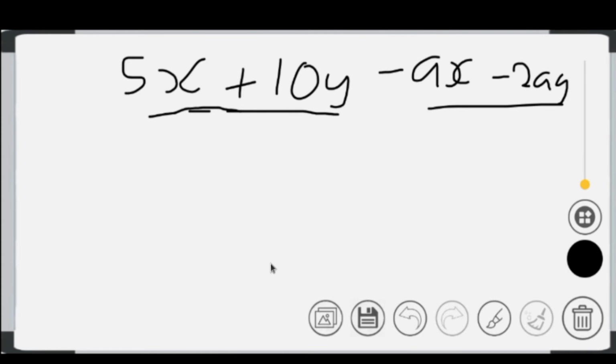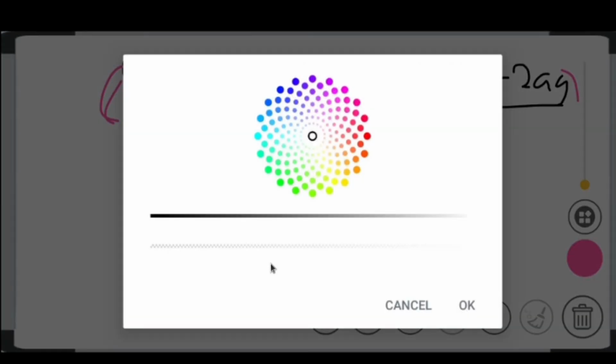So what we can do, we can factor out in this one and this one, we have the highest common factor in each and every one of them. So let's try factorizing them and finding the common factors.